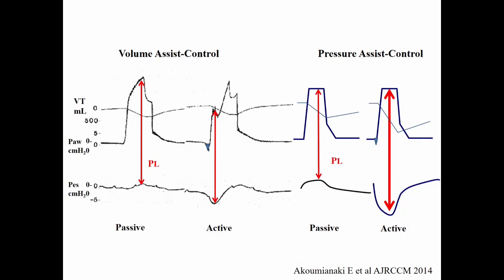And therefore, in pressure assist control, you will not have the deformation of the airway, but you will have much higher tidal volumes. So as a clinician, you have to decide: if you want to control tidal volume, you need to keep volume control. But if the volume control is associated with breath stacking, that's not good, and you may need, for instance, to give more sedation to your patient or even paralysis.